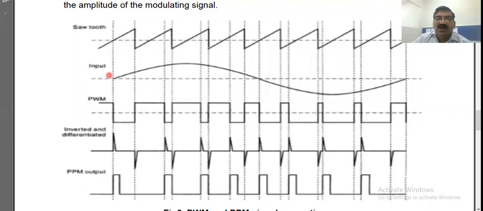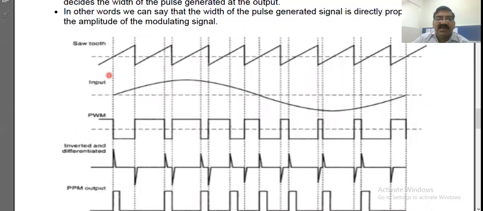So how can we do the modulation? Now, for the comparison, we have to just compare these two signals. Now you just see here at this interval, the dotted line is there. So as you see this interval, it will be easy for you.